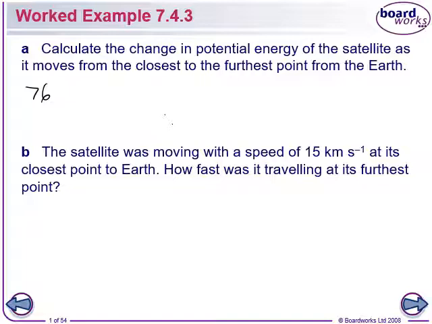Again, let's work out what each one is worth. So along the bottom each square is worth 0.2 times 10 to the 6, and the side is worth just 1. That's easy, 1 Newton per kilogram.